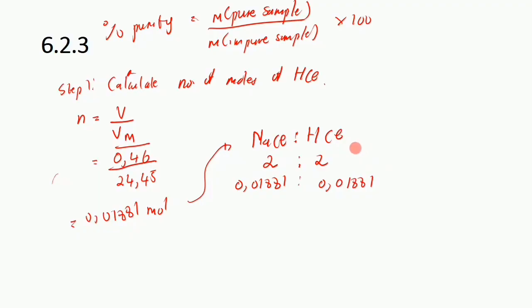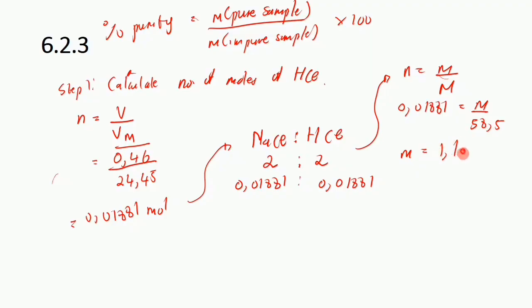Then what do we do from here on? We must calculate the mass of the sodium chloride. So we have 0.01881 is equals to mass over 58.5, right? So when we cross multiply here, our mass is equals to 1.1 gram, right?